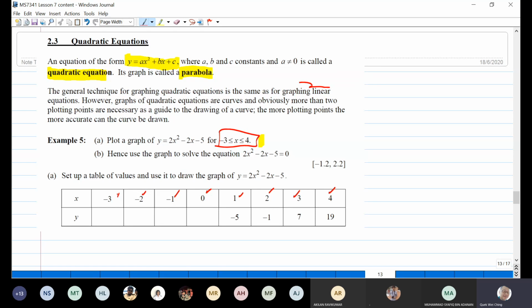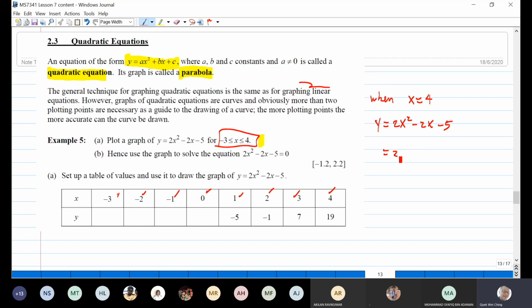Put the x, then you find out what are the values of y. In the exam, usually they will give you some values of the table, then you fill up the table and join the graph, right? For example, how do you get x equal to 4, y equal to 19? Y equals 2x squared minus 2x minus 5.